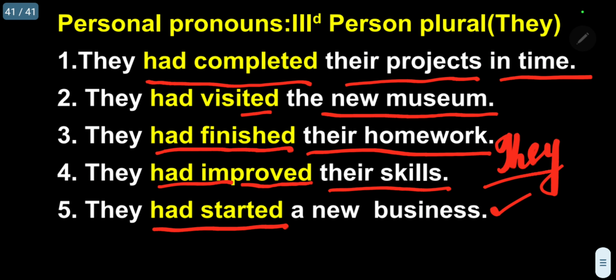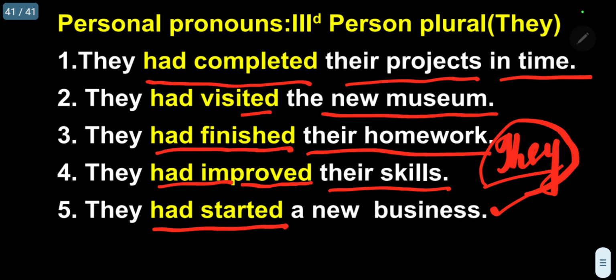When I am using they to indicate persons, in all cases: they had completed their projects, human beings. They had visited, human beings. They had finished their homework, human beings. They had improved their skills, human beings. They have started a new business, human beings. So it is indicating only they, avargal.